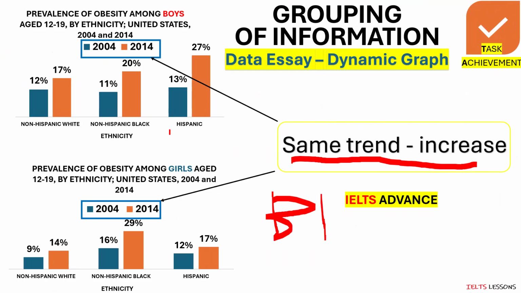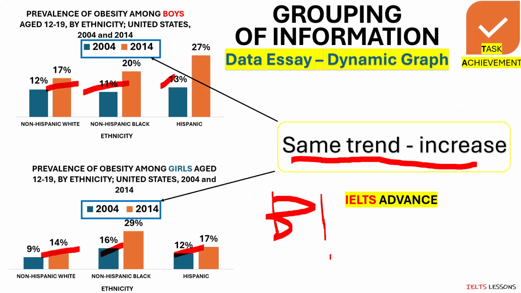Okay, for example here, what should be written in body paragraph 1 is the same trend. That means the increase. So we should write that there is an increase of obesity rate for both boys and girls, right?